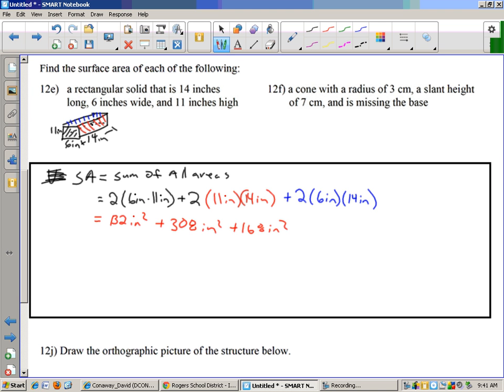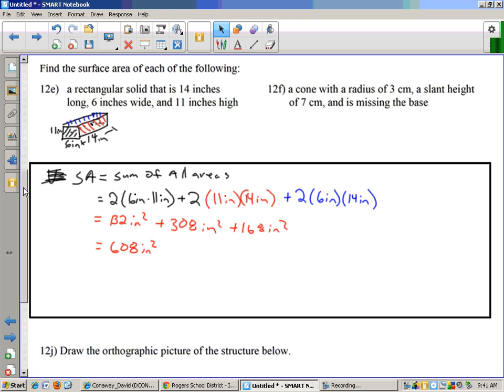Adding those three together, you're going to get 608. Somebody do the math and check me, please. 608 inches squared. All right, good.